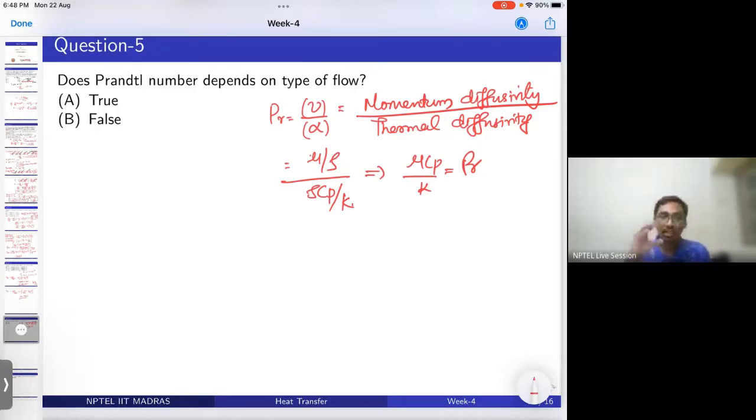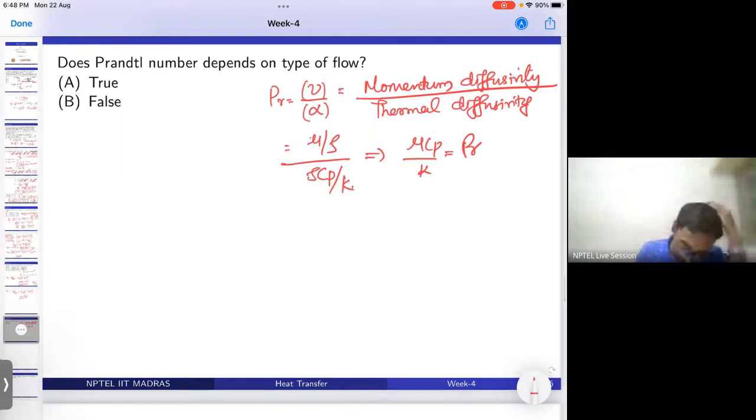That is the physical significance of the Prandtl number. It also gives a measure of the relative thickness of the thermal and velocity boundary layers. So I will just show you how it is related.